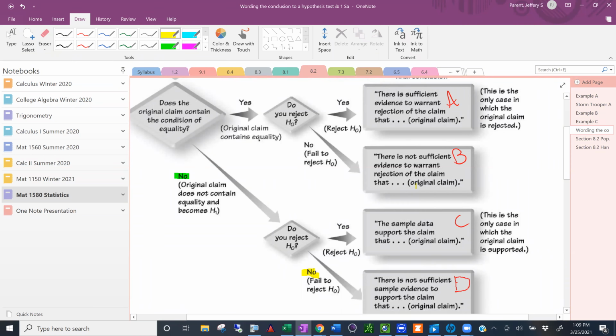There's not sufficient sample evidence to support the claim that, and now we need to turn back to the problem itself to see what that claim was.